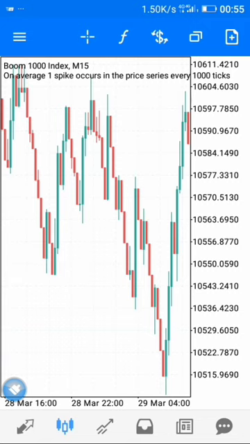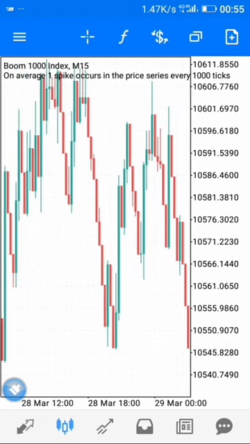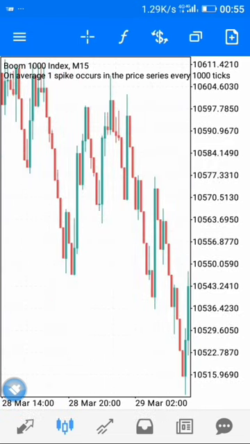Here we want to talk about one of the most important moving averages used by traders to identify trends, and that is the moving average period 200. We're using the simple moving average period 200.